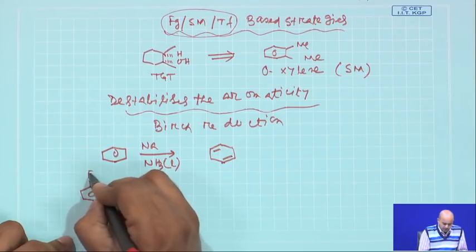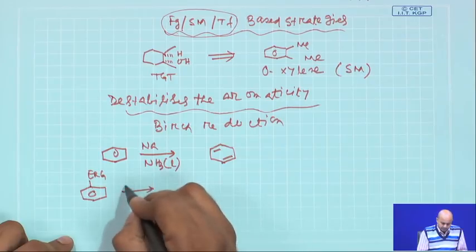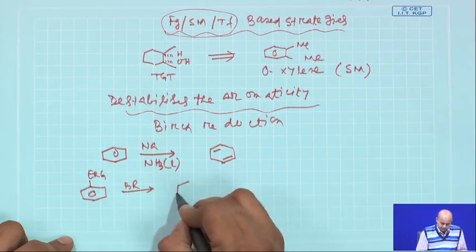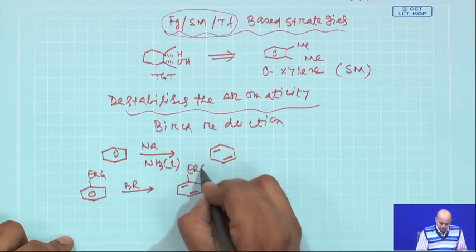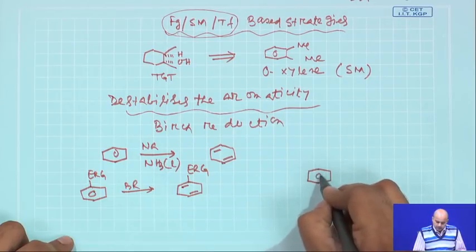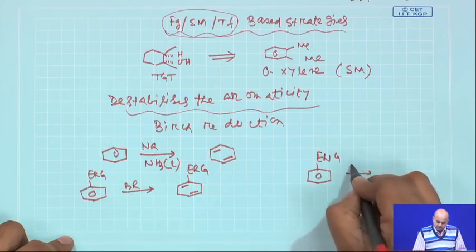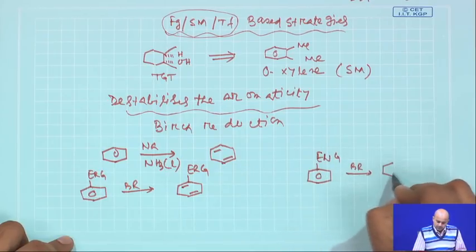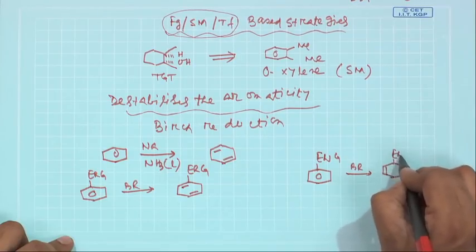If you put an electron releasing group on this benzene nucleus, after Birch reduction you will normally get this compound. This regiochemistry we will explain a little later. If you have an electron withdrawing group, after the Birch reduction you will get this regioisomer.